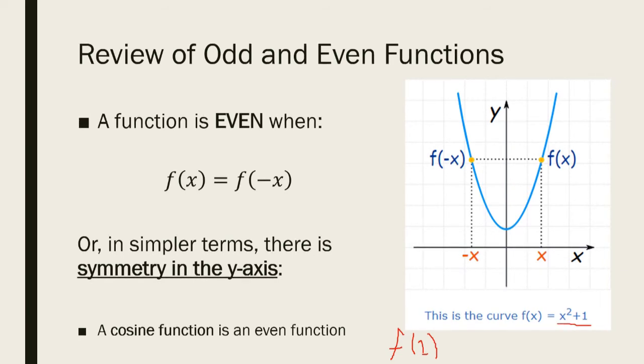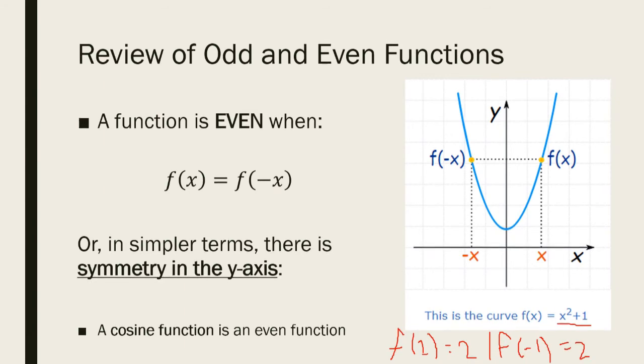What is then f of negative x? It's just f of negative 1. So f of negative 1 is negative 1 squared, which is also 1, plus 1, and then we get 2. So this function is an even function because f of 1 is 2 and f of negative 1 is 2.